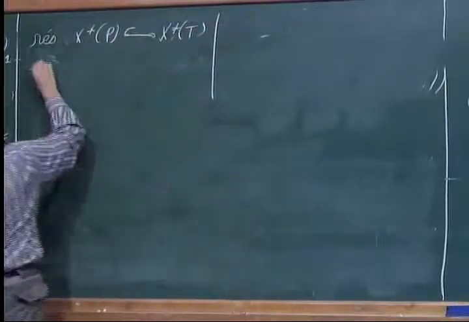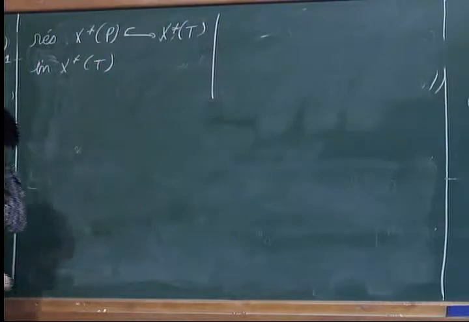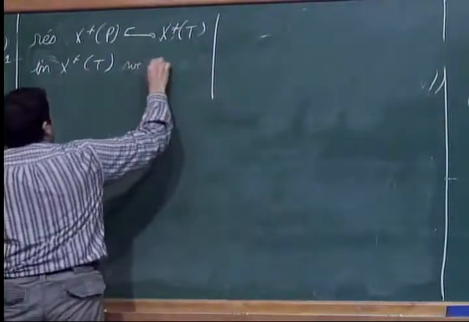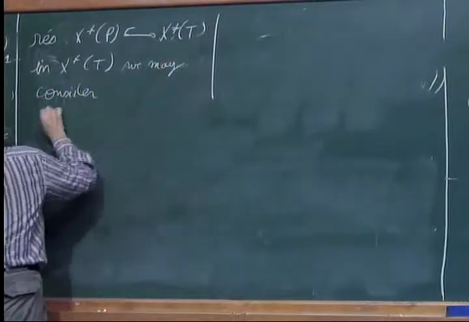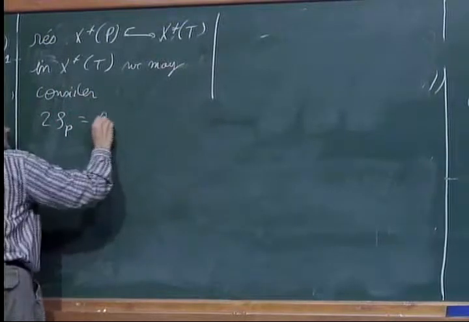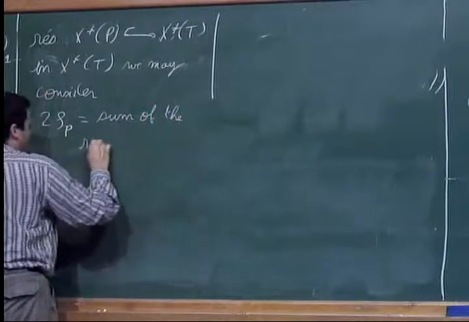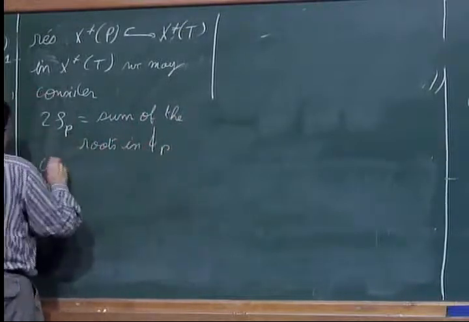And in X star of T, we may consider two rho P, which is the sum of the roots in phi P counted with multiplicities.